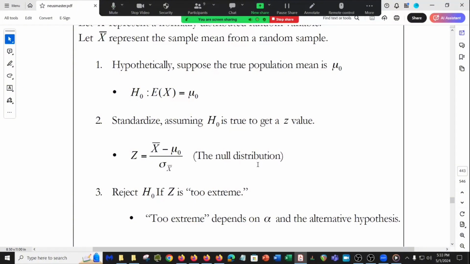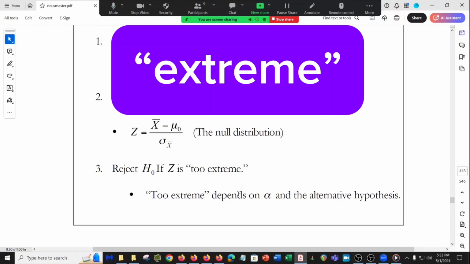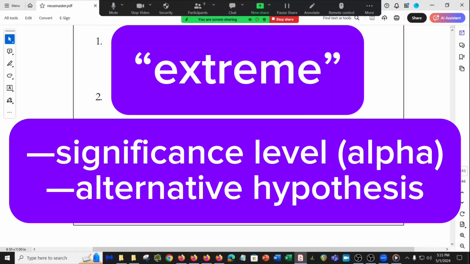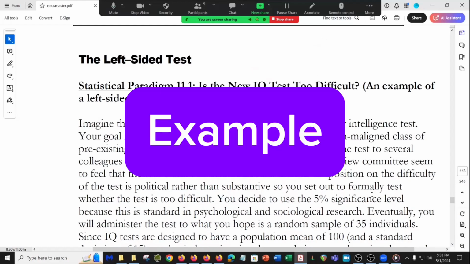This gives us a null distribution that follows a standard normal distribution. The third step in the logic of this is we simply reject the null hypothesis if the z-value is too extreme. Now, this depends on the significance level alpha, and it depends on the alternative hypothesis. Let's do an example.